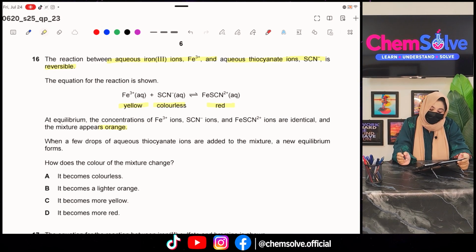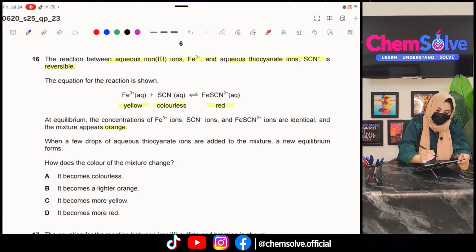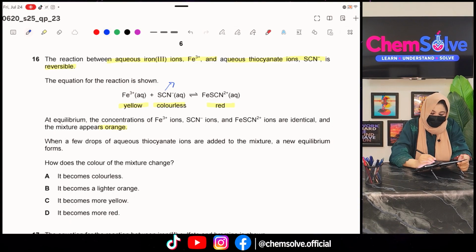Okay, when a few drops of aqueous thiocyanate ions are added to the mixture, now we are increasing its concentration.